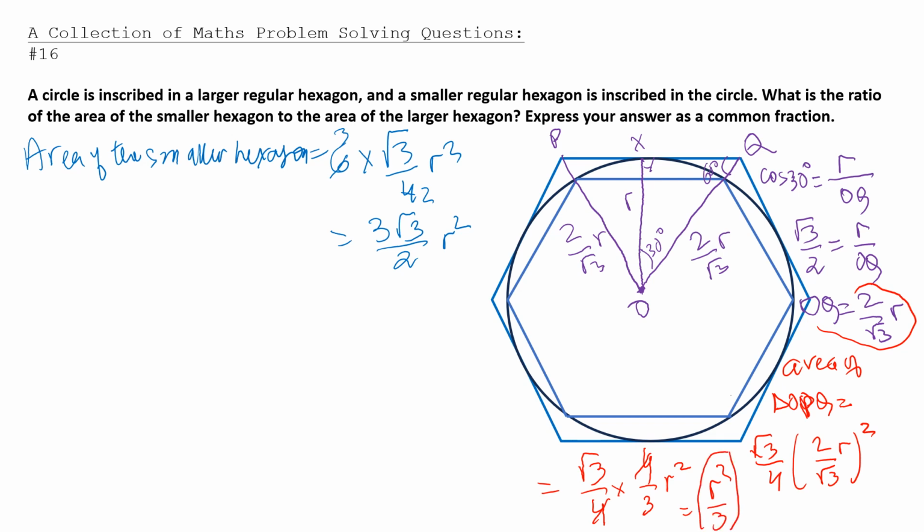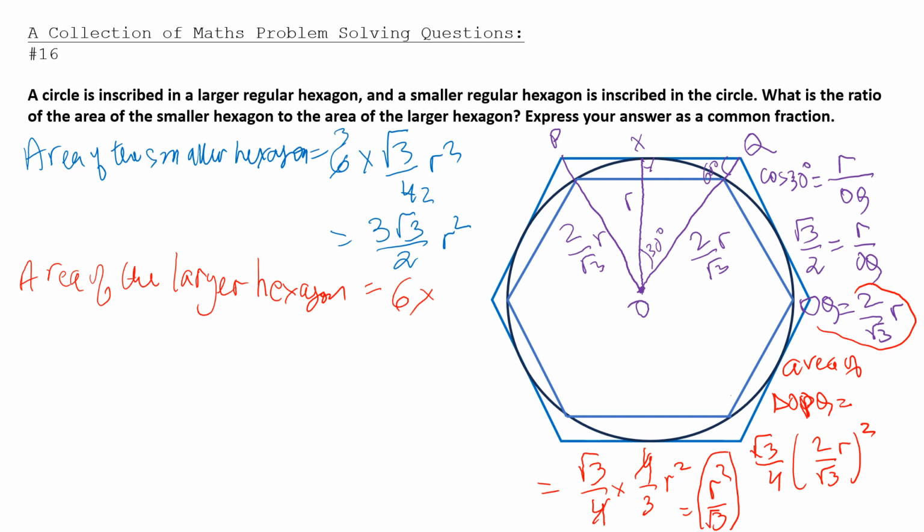So the area of the larger hexagon would be 6 times R square, not out of 3, sorry, out of root 3.